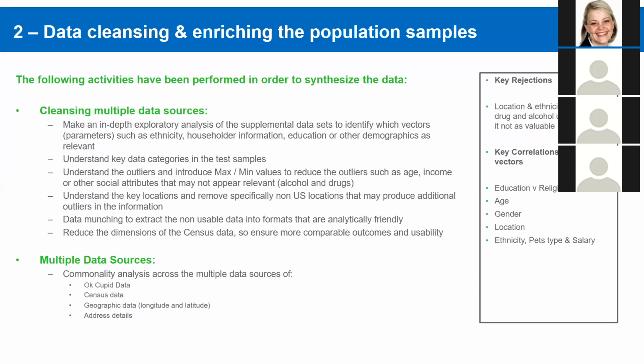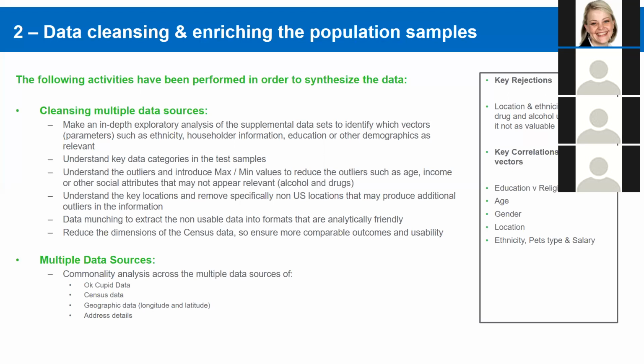We further looked at the data to understand key locations and remove specifically non-US locations that might produce additional outliers in the information. There was a man in Scotland who would show up in everything. So he was an outlier when we tried to look at drugs and alcohol within the US.